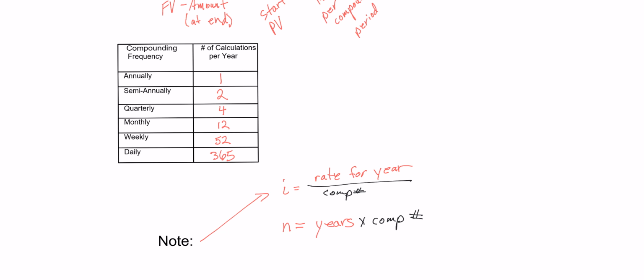If I say I'm compounding daily, and that it comes in days, and 200 days have gone by, then n is just 200. But if I tell you it's years, it's going to be the years times 365.